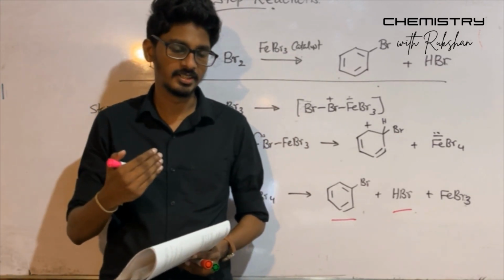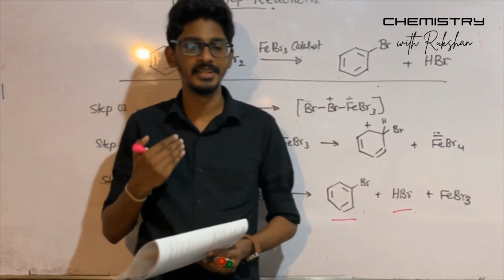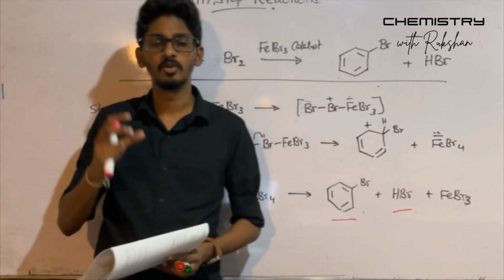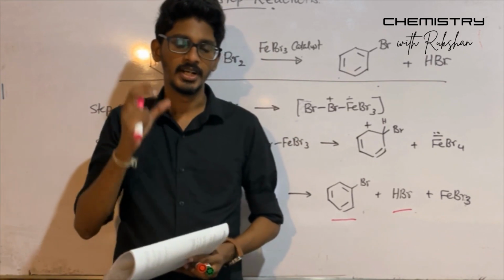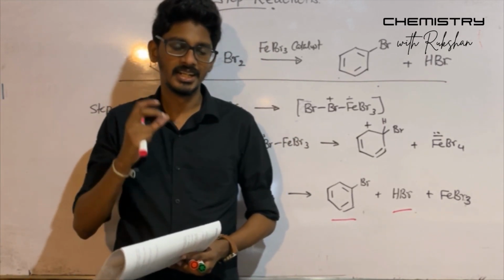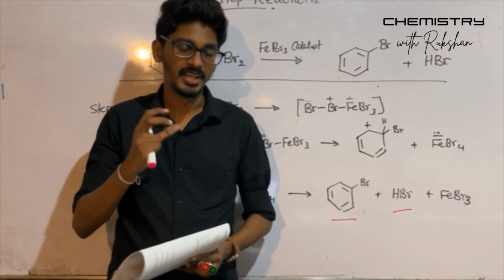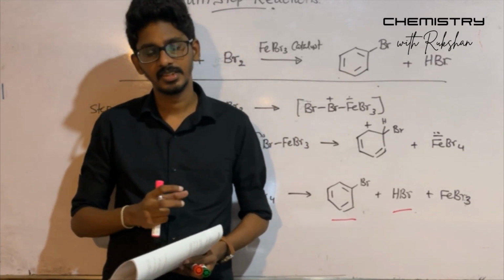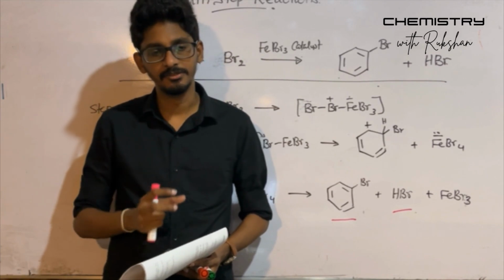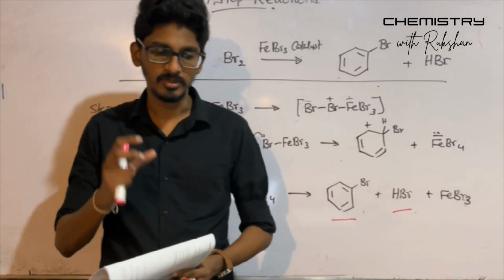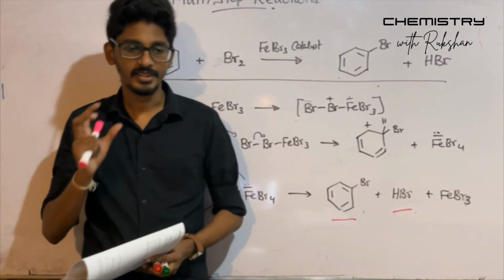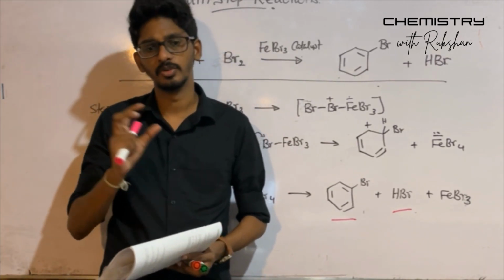You have to definitely check for intermediates, and confirm that there is no intermediate there. Then only you can confirm the reaction is elementary. That means if an intermediate is there, the reaction is not elementary, so it is multi-step.